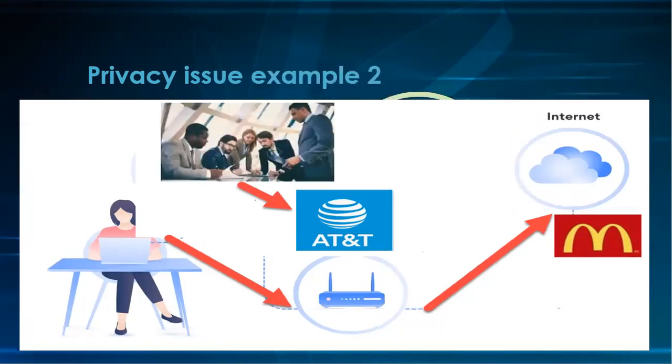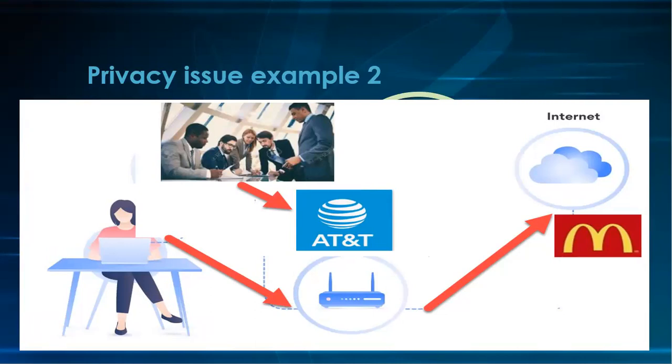But what if, example 2, instead of the FBI, it's even worse. You have business people. And the business people are trying to gather information about you so that they can better create advertisements for your needs, for your business needs, right?